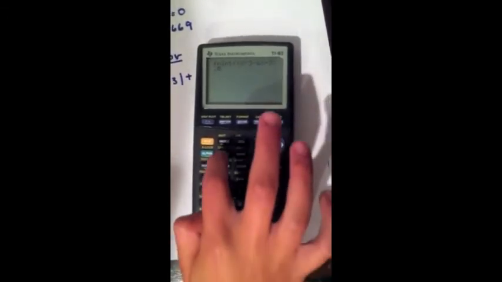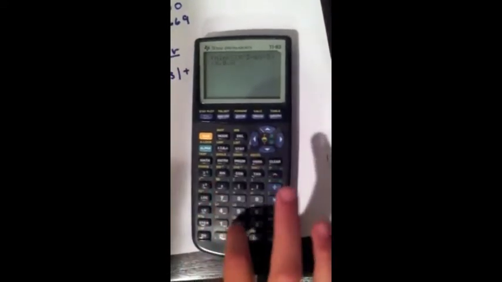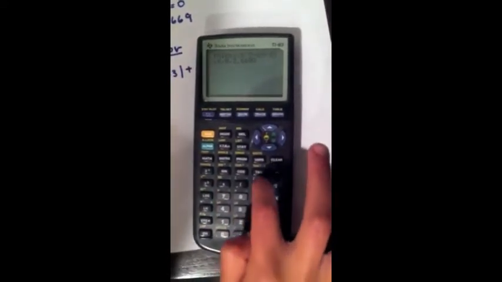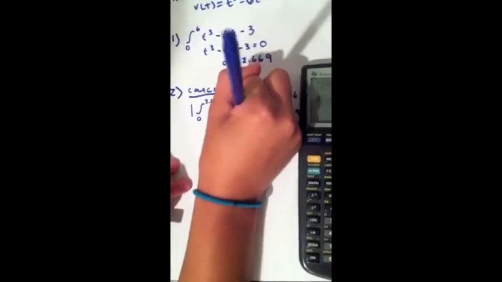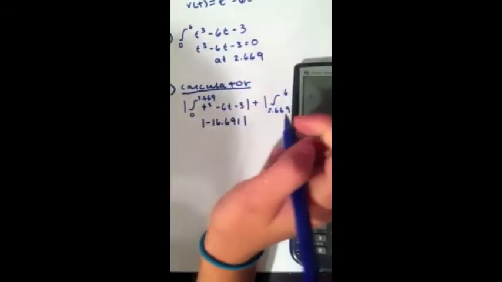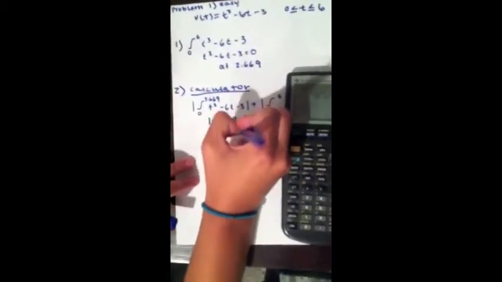Then you do comma x, comma 0, comma 2.669 and close the parentheses, and that answer is negative 16.691, but since it's absolute value it turns to positive 16.691.